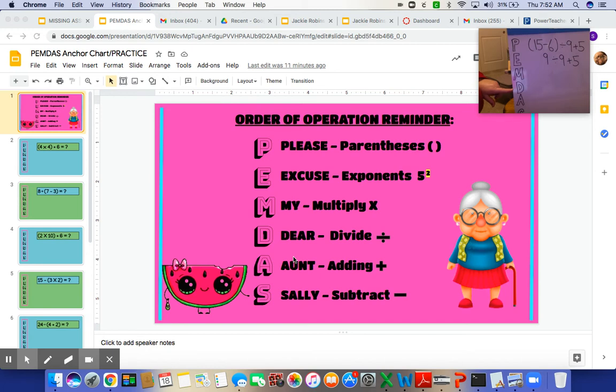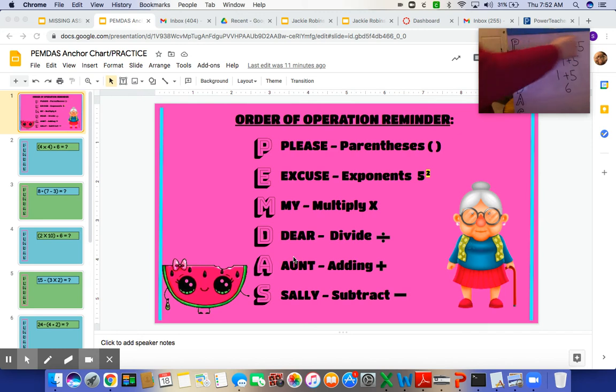If I have 9 things and I divide them into 9 groups, I'm going to have one object in each group. So 1, and then I bring down the plus sign and the 5. And then the last thing I have to do, A stands for adding. So 1 plus 5 is 6. So that's the answer for that one.